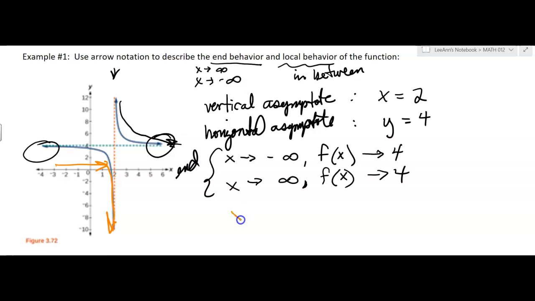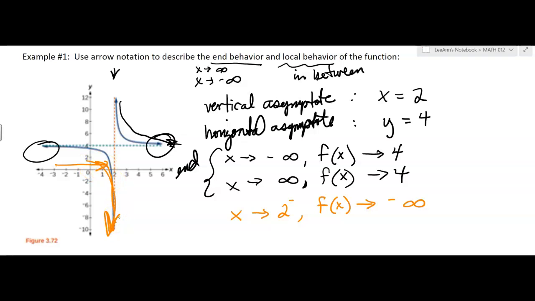So as x approaches 2 from the left, that vertical asymptote is at 2. So as x is getting closer and closer to 2, f of x is going toward negative infinity, right? It's going off down this way.